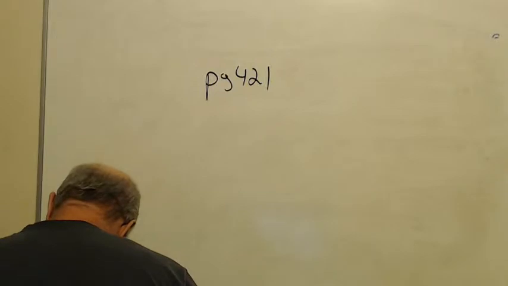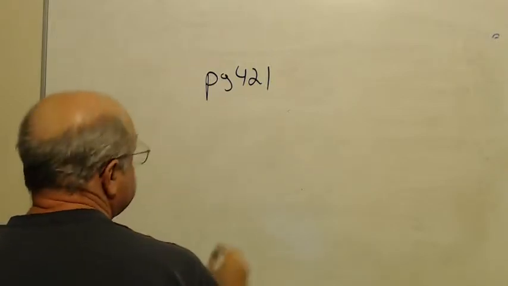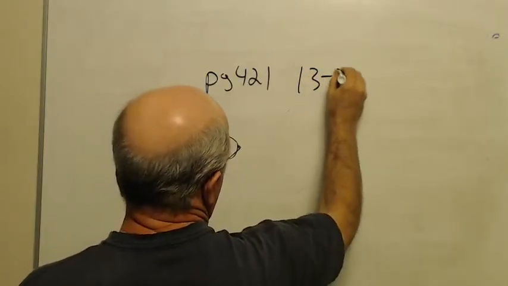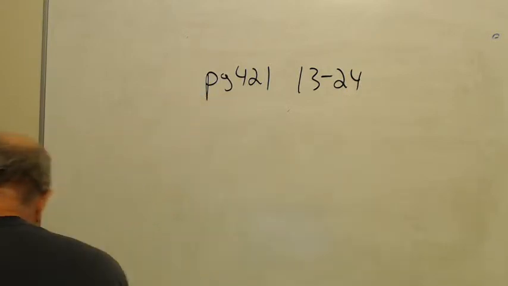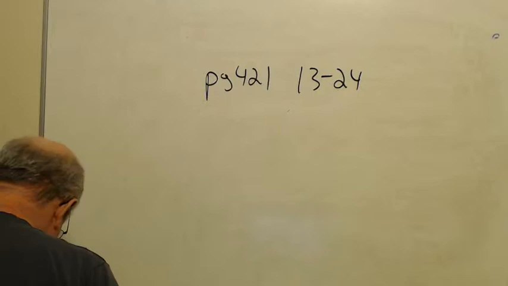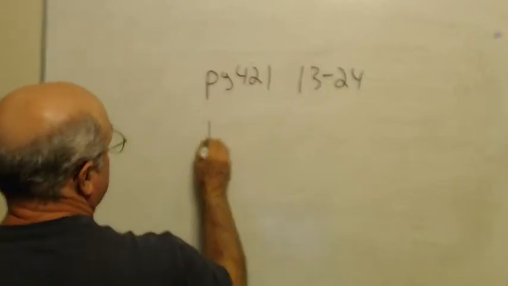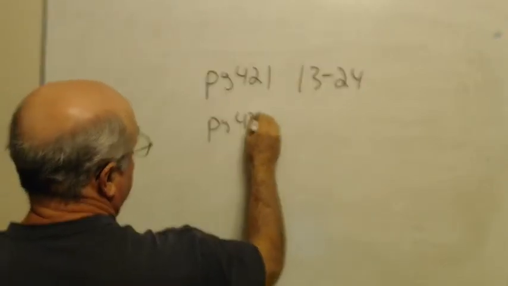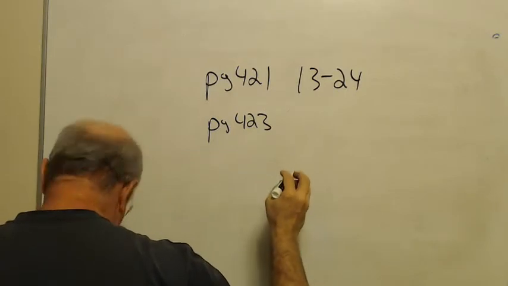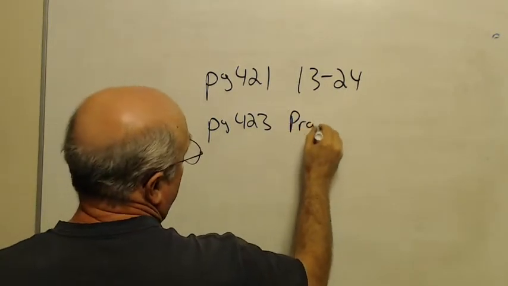And these are 13 through 24. And there's also a little practice quiz on page 423. There's 5 problems on the practice quiz. It's called practice quiz number 1.